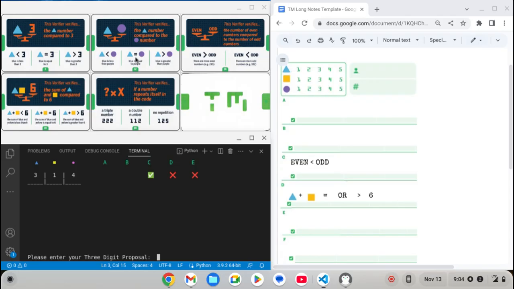We would know for sure that, of course, if it's the same digit repeated 3 times, the first and last digits should be equal. So I don't think it could be a triple number. So what I'm going to write in my notes is that I'm going to deduce that it's a double number. So let's go ahead and type that up.